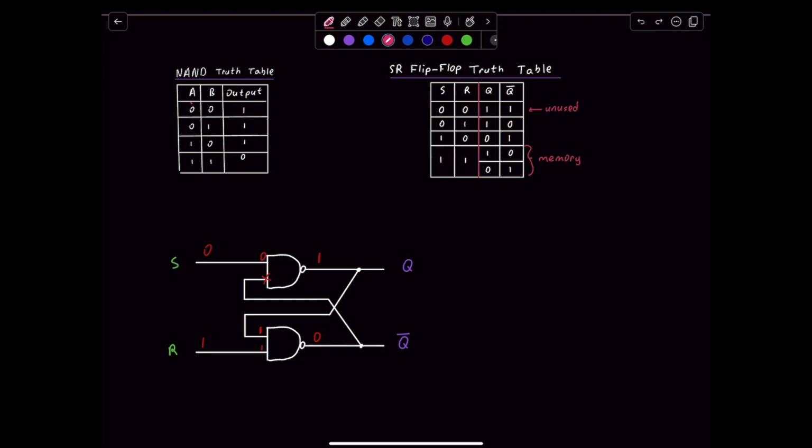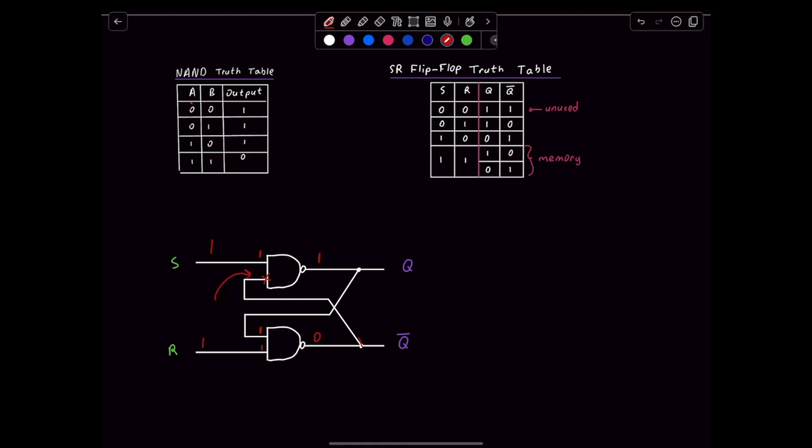So now, if we change S immediately to 1, what's going to happen? If we do that, we changed S immediately to 1. What will happen is that 1 now goes into this guy, right? This is now 1 over here. And what's the second input for the NAND gate right over here?